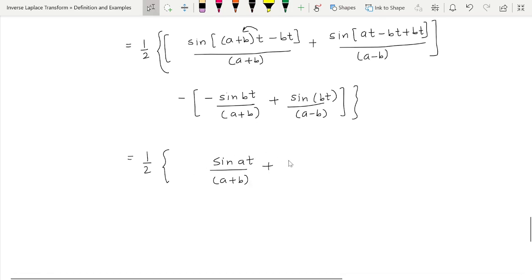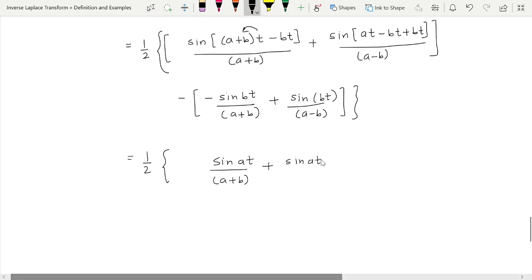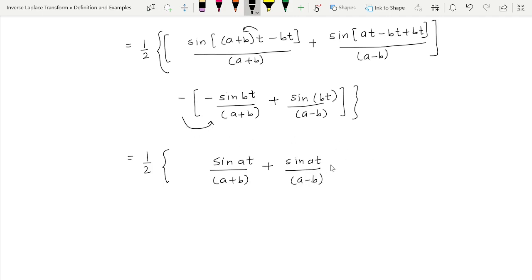Plus sine of AT once again, but this time around in the denominator we will have A minus B. This minus and minus will become plus, so I'll have plus sine of BT upon A plus B, and this minus will be minus, so it will be sine of BT upon A minus B, which is equal to half.